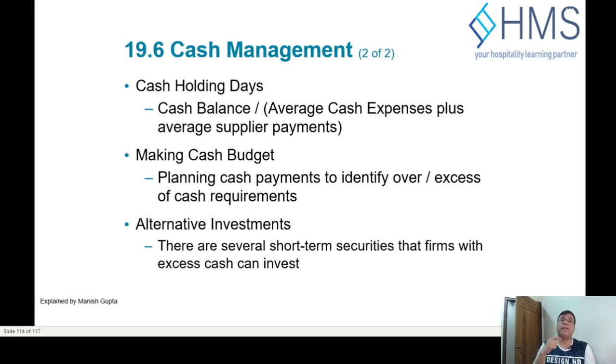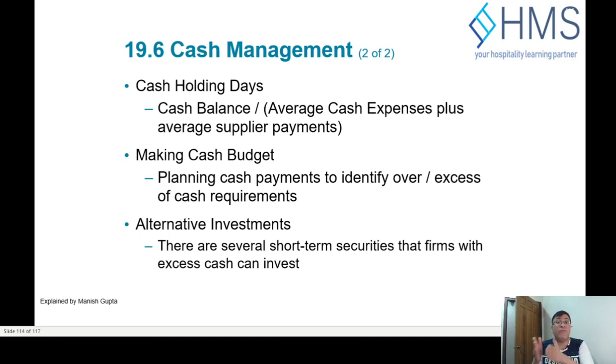Plus, you need to make a cash budget in order to manage the cash. The cash budget means, on a weekly or monthly basis, how much cash you are going to generate from your credit sales, your cash sales, your collections, and any other loans that you may need, plus how you're going to pay the salaries, the rentals, the office expenses, and the suppliers. This way you will be able to understand whether you have extra cash or a shortage of cash.